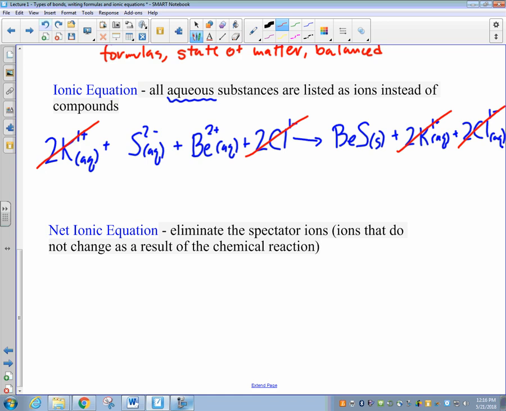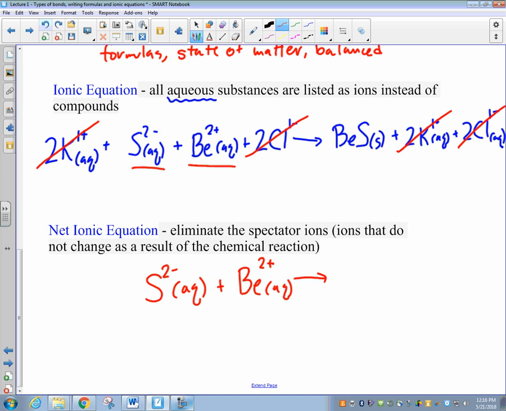So overall, the real chemical change that's happening, that is the real new bond which is forming, is we're taking that sulfide ion, the -2 charge, which was dissolved within the aqueous solution, combining together with the beryllium ion with a +2 charge, which was also in the aqueous solution.